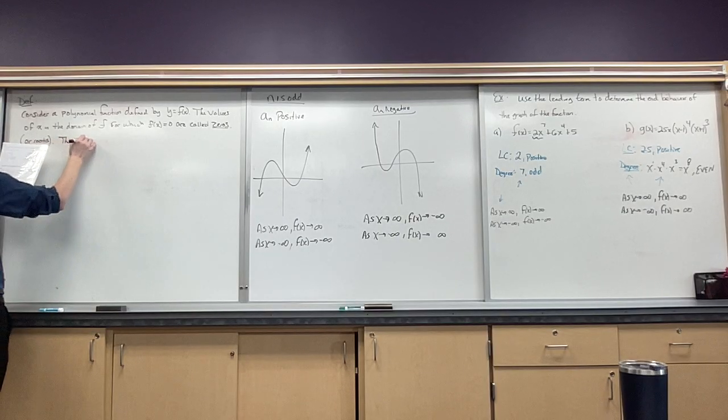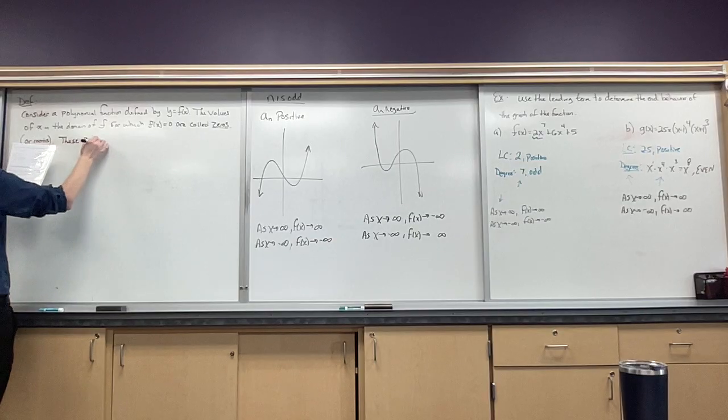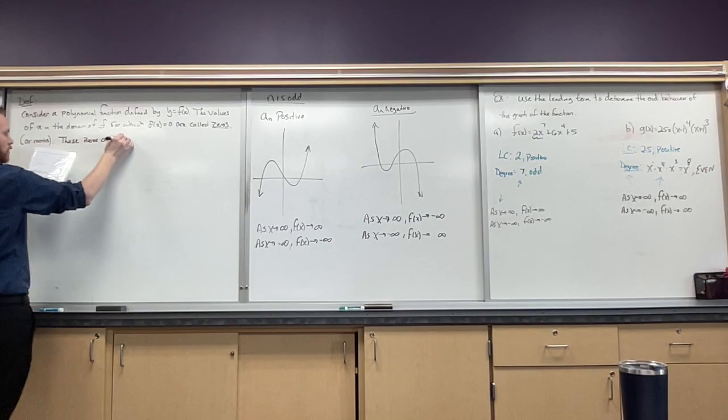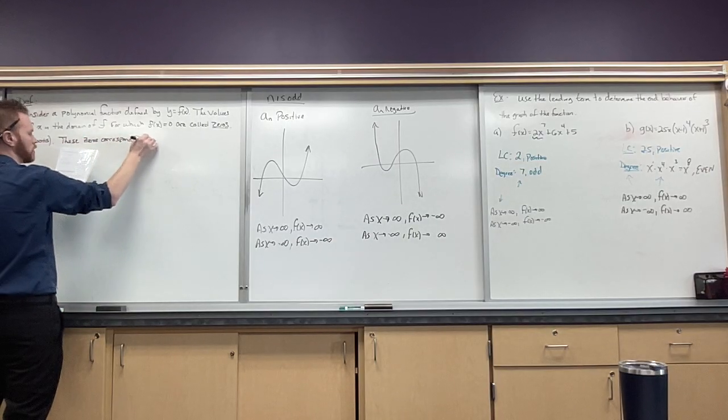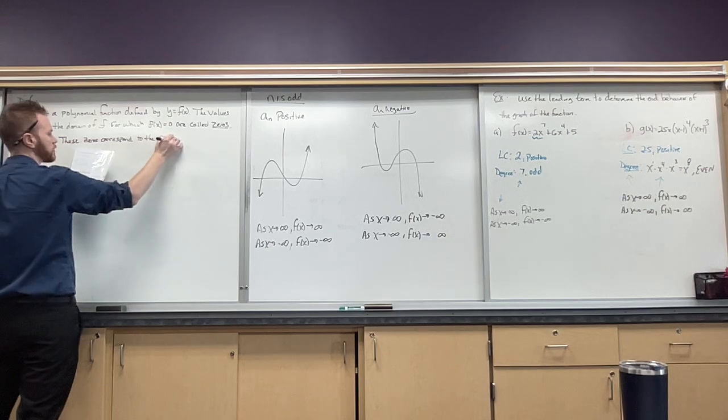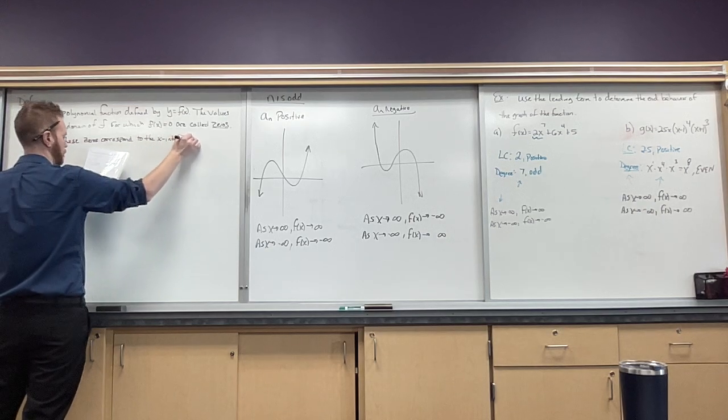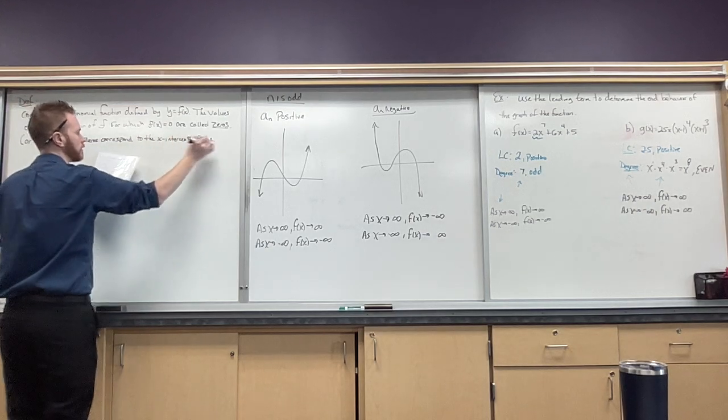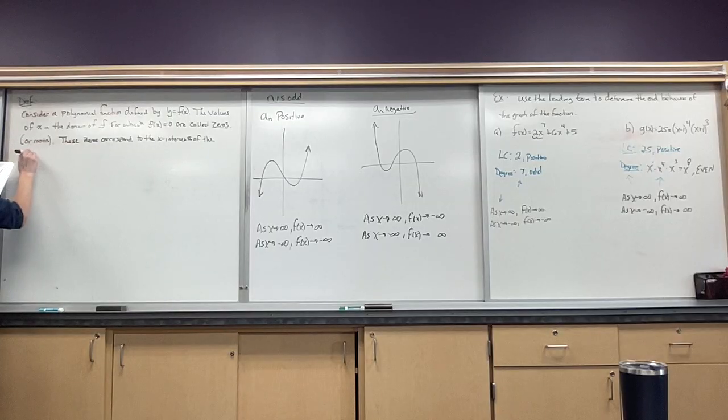So graphically, these zeros correspond to the x-intercepts of the graph y equals f of x. So let's look at an example.